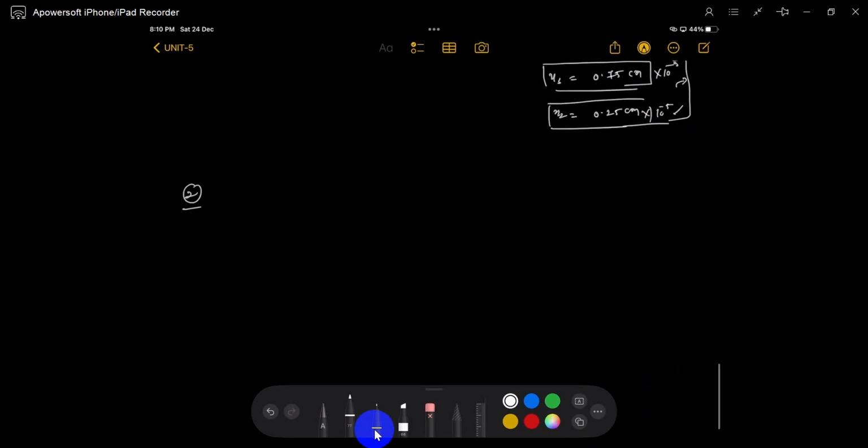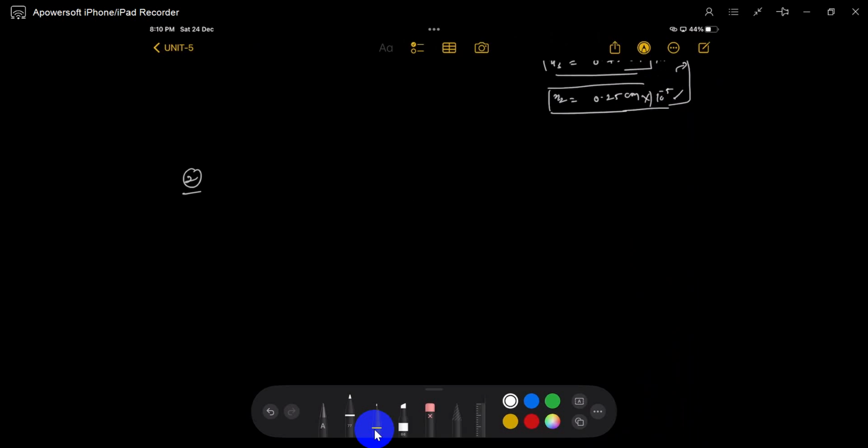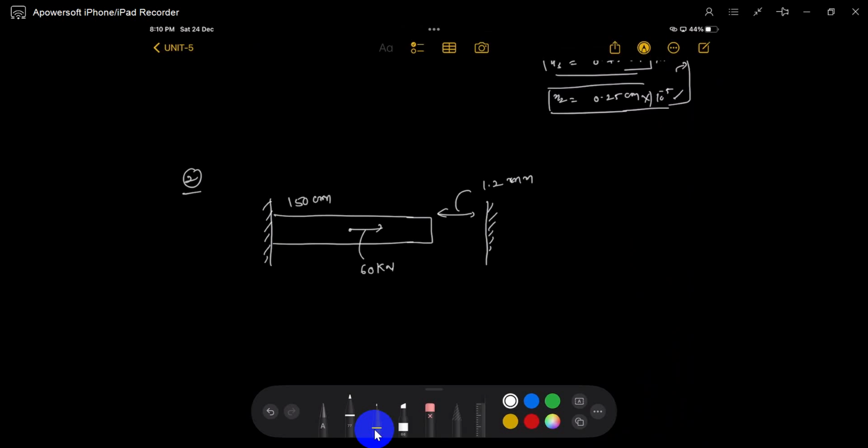Now comes to the second problem. Analyze this axial member.